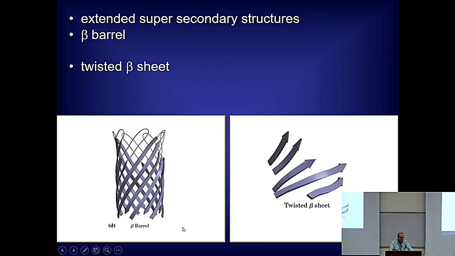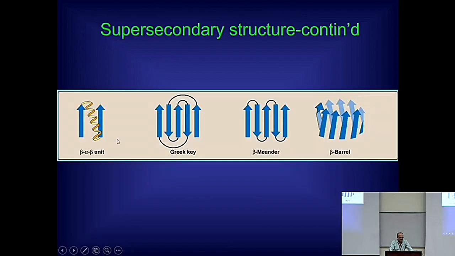So here you have a beta barrel. You see the beta sheets are in the form of a barrel. And here you have twisted beta sheets. And you have some other ones, beta, alpha, beta. All right, so I'm going to go back here just to tell you, you don't need to know the specific details, but understand what supersecondary structure is.